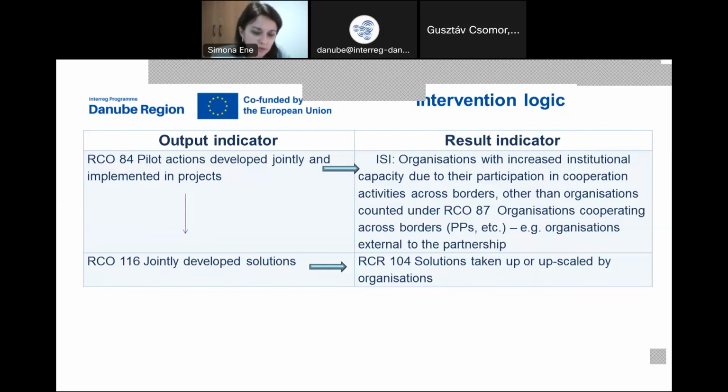The jointly developed solutions output is linked to solutions taken up or upscaled by organizations. It has the same principle as in the case of the strategies. We are expecting that the solution is not only produced, but it is also taken into the daily work of different stakeholders or project partners.